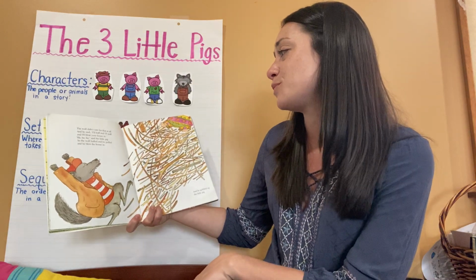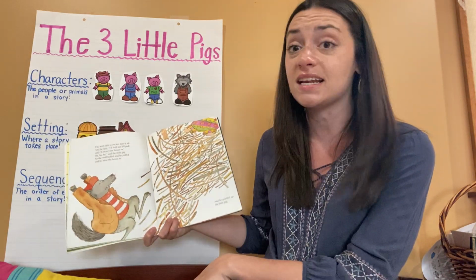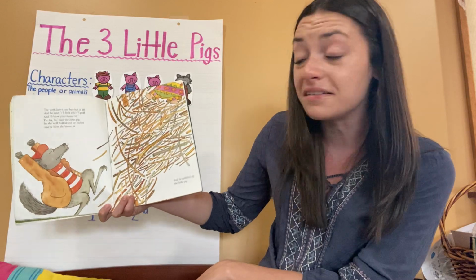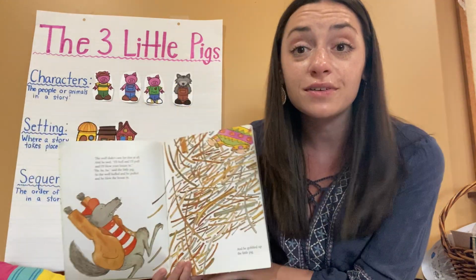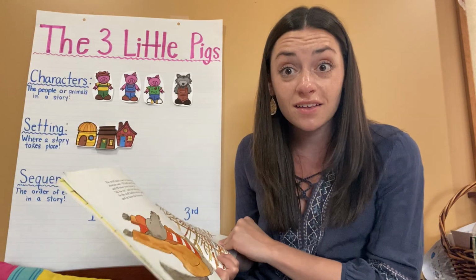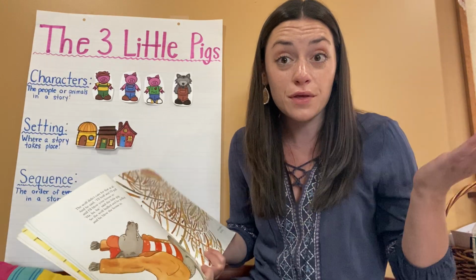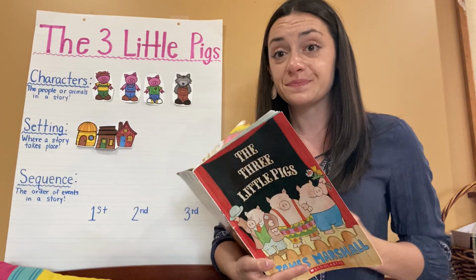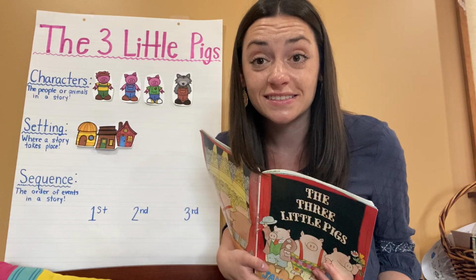"Ha ha," said the little pig. So the wolf huffed and he puffed and he blew the house in. And he gobbled up the little pig. So did that happen in the other story? What do you think?